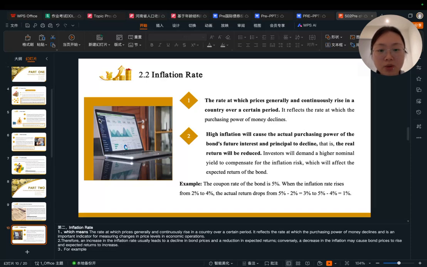The real return will be reduced. For example, the coupon rate of the bond is 5%, when the inflation rate rises from 2% to 4%, the actual return drops from 3% to 1%.